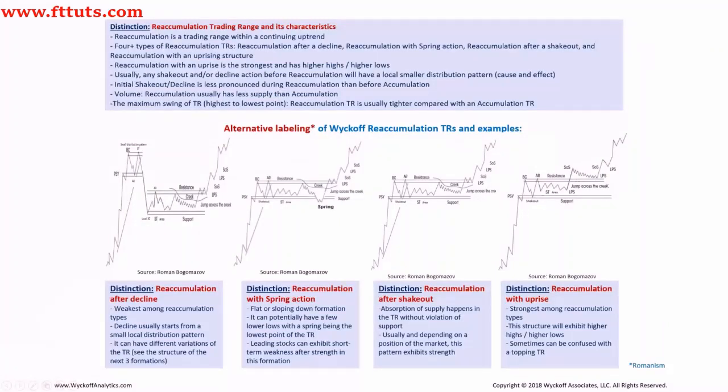So I started thinking about different variations on the reaccumulation range, and in anticipation that students are going to have questions, I'm showing you something that I've developed in a slightly different way. A lot of the times, the first move to the downside as a change of character is going to have characteristics of a shakeout.